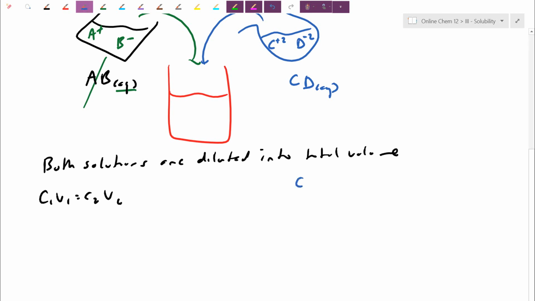You're going to do a C1V1, C2V2 for the CD salt. All right, so that's already given. Okay. So now what's going to be implied here is you just toss these together here. The A plus and the B minus has been transferred in. The C plus 2 and the D minus 2 have been transferred in. Now what I want to check my chart for is check for any low soluble things. Check for things that might end up solidifying out. For argument's sake here, let's say I check my salts here.